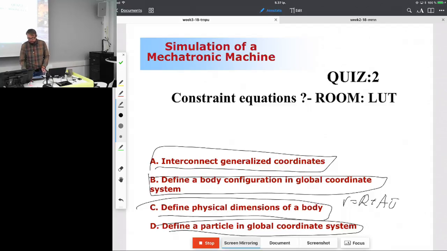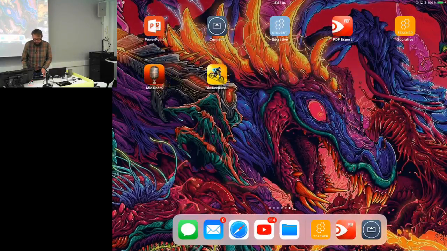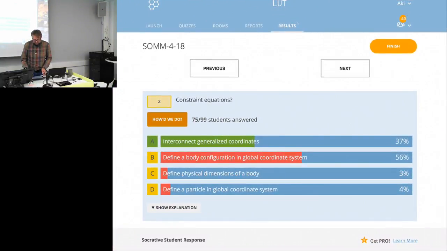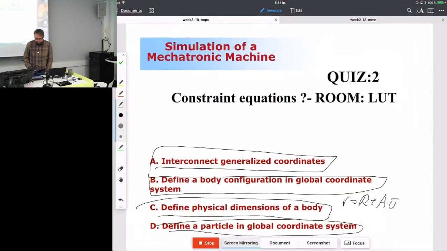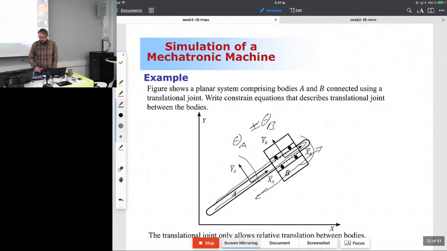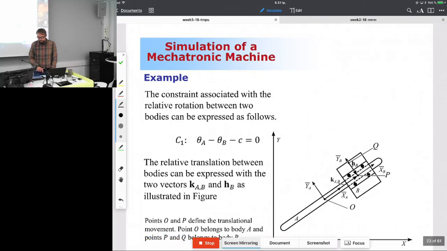So maybe I will give you points if you answer B, A or B. It's still not 100%, but the correct one is A. All right, so let's go and practice this, and then I have one more in-class quiz for today, and then we're going to stop.